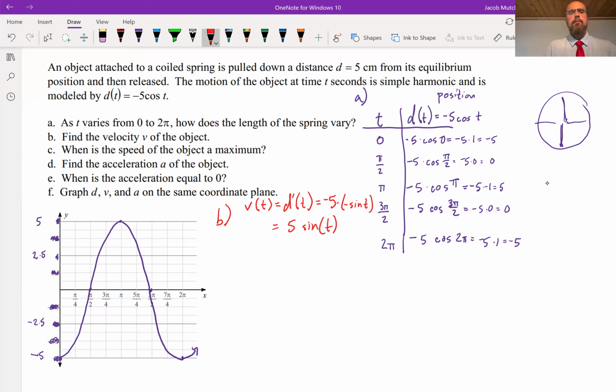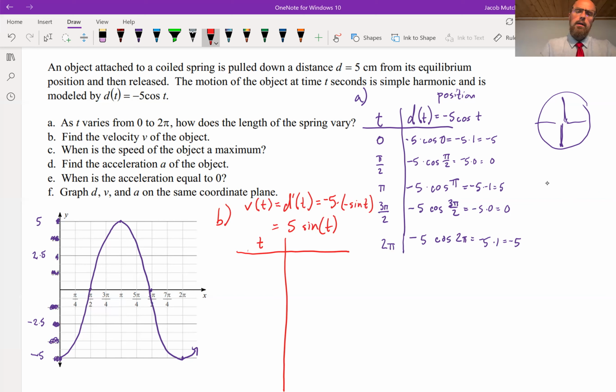Now we're looking for when the speed of the object is a maximum in part C. We could do that in different ways. Since we've got to graph the velocity function anyway, that will tell us where the maximum speeds are.